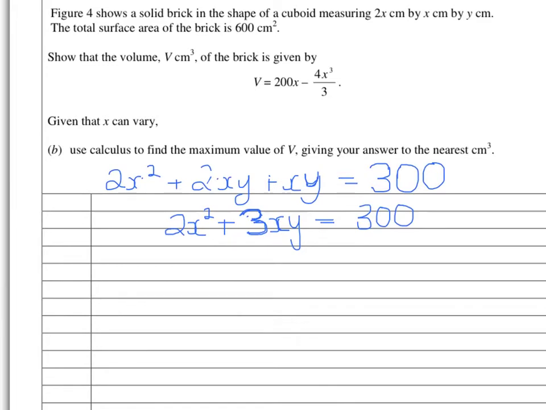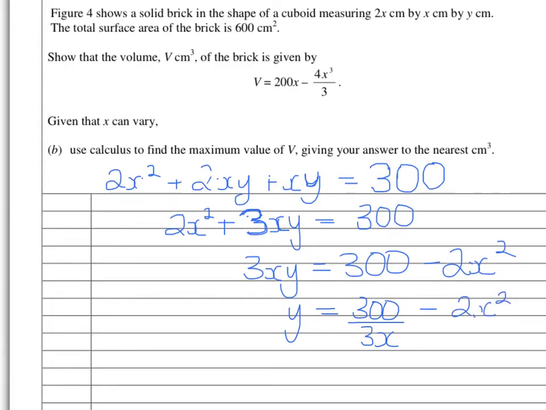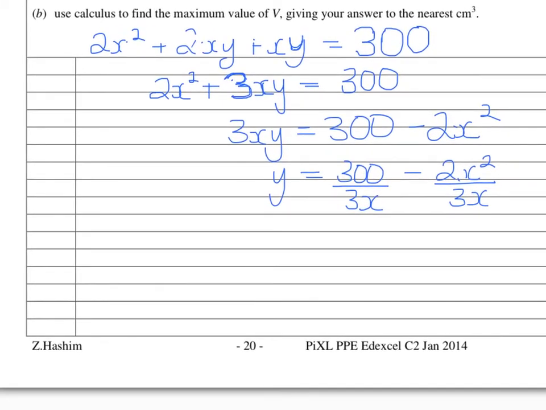So rearranging, I get 3xy equals 300 take away 2x squared, and then I need to divide by 3x, so y equals 300 over 3x minus 2x squared over 3x, and that will give me y equals 100 over x minus 2x over 3.